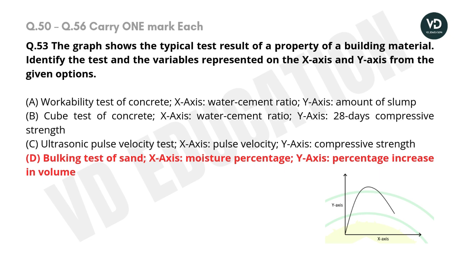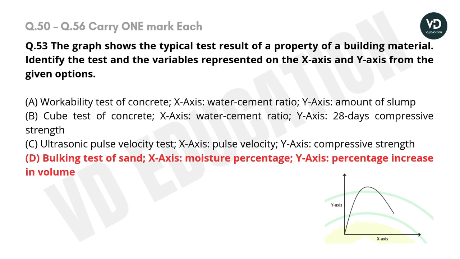B. Cube test of the concrete, x-axis water cement ratio, y-axis 28 days compressive strength. C. Ultrasonic pulse velocity test, x-axis pulse velocity, y-axis compressive strength. D. Bulking test of the sand, x-axis moisture percentage, y-axis percentage increase in volume. Correct option is D.